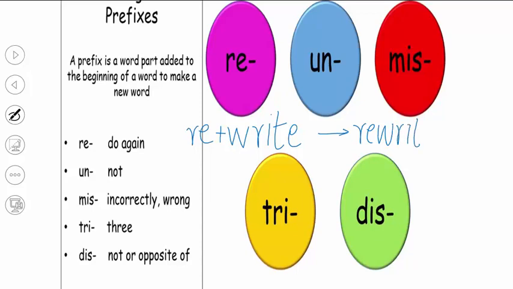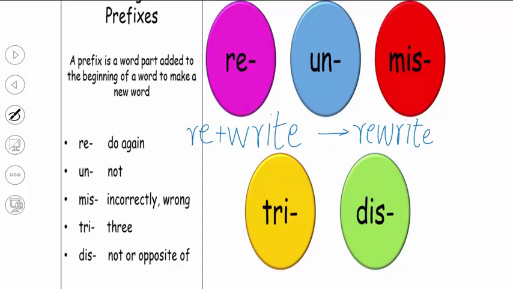I write a letter, then I check, then I rewrite the letter to the principal, right? I write, then I check, then I rewrite. So like that. That means re, un, mis, tri, dis, like these things are prefixes.